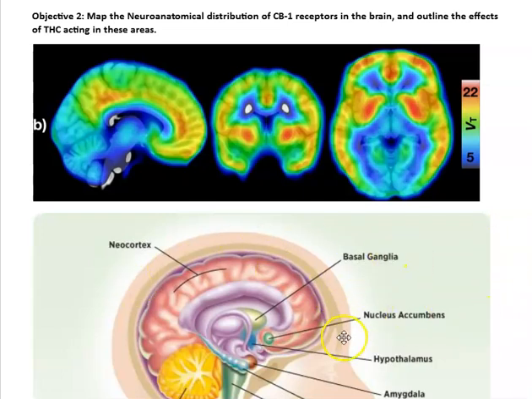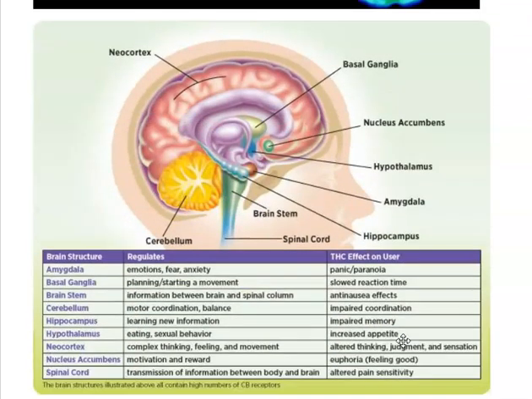So if we look at some of these specifically, coming down here, the amygdala, normally important in emotion, fear, and anxiety. With the use of THC, it can lead to panic or paranoia.